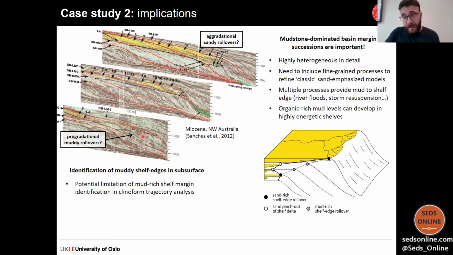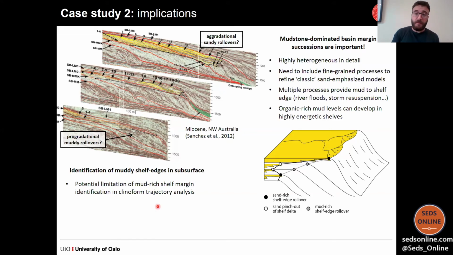Now, if we were to apply the clinoform trajectory analysis without knowing the lithologies, we would always predict more sand supply down deep of these highly progradational shelf margins. But that would be completely wrong, because the sandstone-dominated systems are pinching out already quite far up in the shelf. Whereas in here, even though the trajectory is quite aggradational or rising, the sand delivery systems are very close to the shelf edge and therefore potentially more likely to deliver sand to the basin floor.